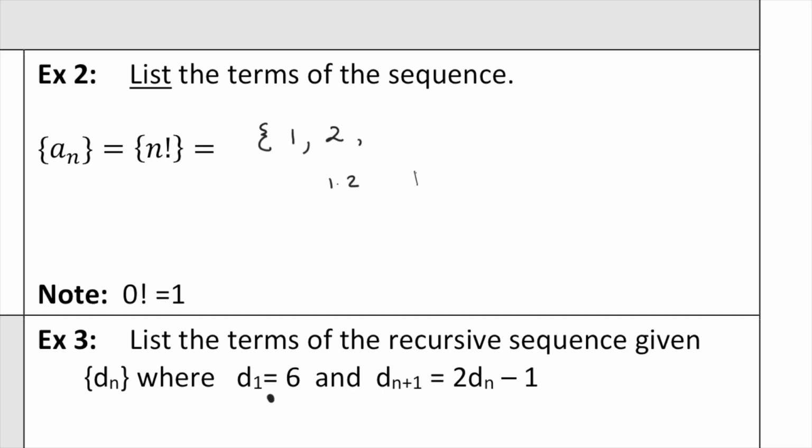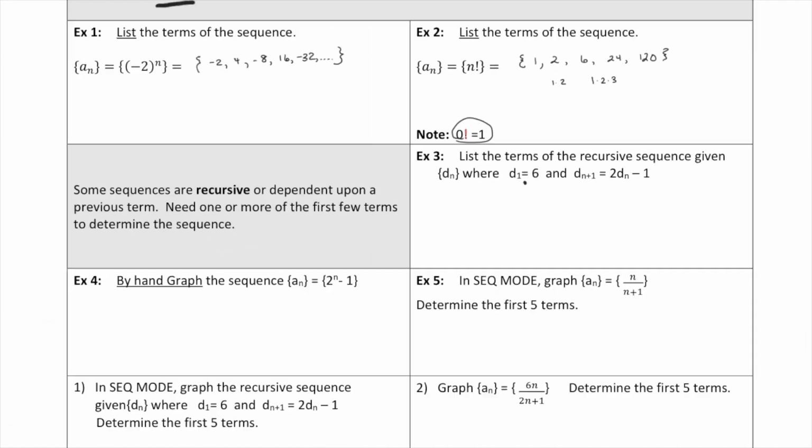The third term is 1 times 2 times 3, which is 6. The fourth term is 1 times 2 times 3 times 4, which is 24. Take that answer, multiply it by 5, and you have 120. Please notice, if ever you see 0 factorial, that's defined to be equal to 1. So 0 factorial does equal 1.